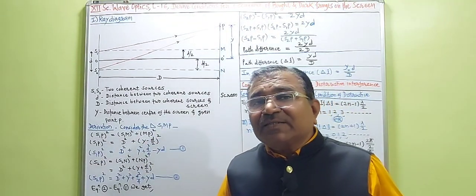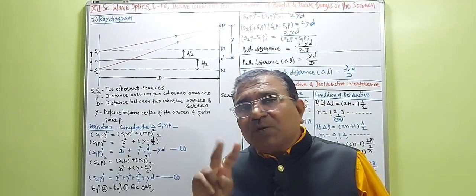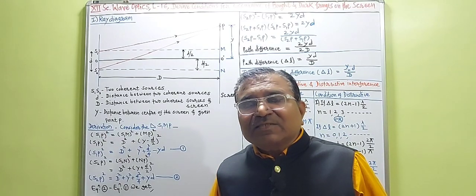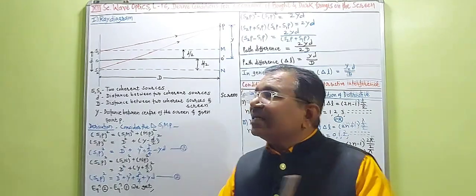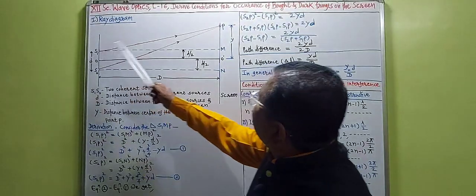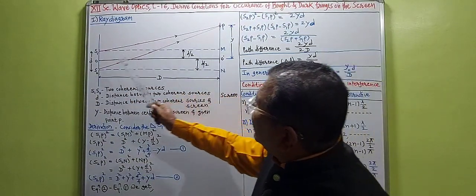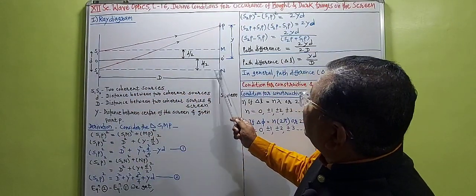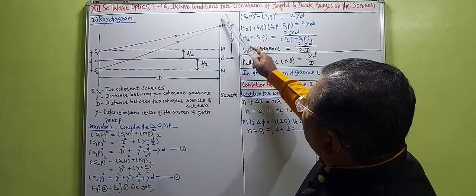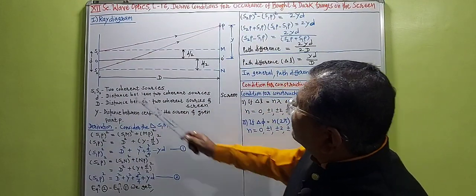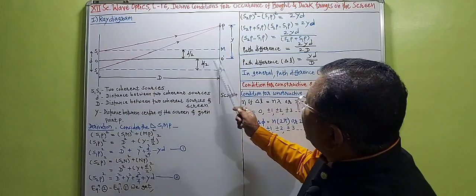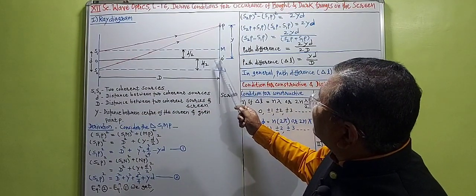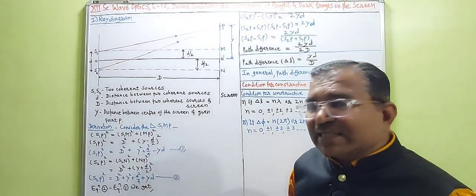For that purpose, I have drawn two perpendicular lines shown by the dotted lines. Draw S1M and S2N. These two lines are perpendicular to the screen. This is OO dash. O dash is nothing but the center of the screen.